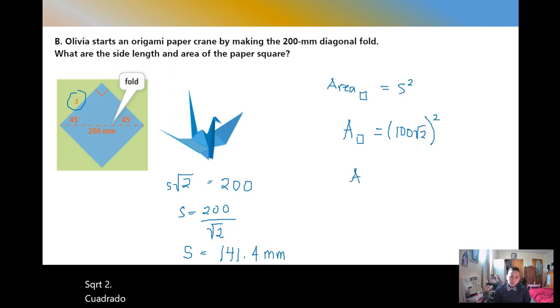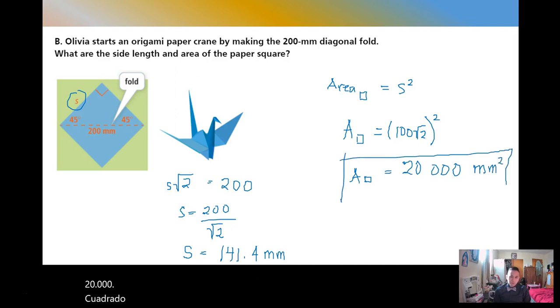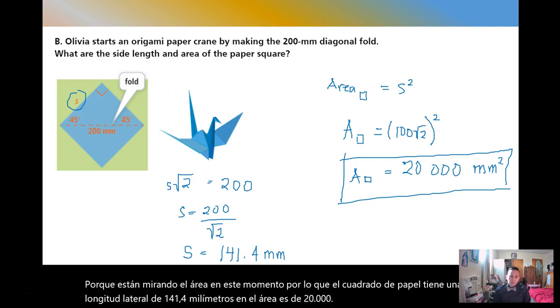We can now say that the area of the square, using our calculators, is 20,000 millimeters squared, because you're looking at the area right now. So the paper square has a side length of 141.4 millimeters, and the area is 20,000 millimeters squared.